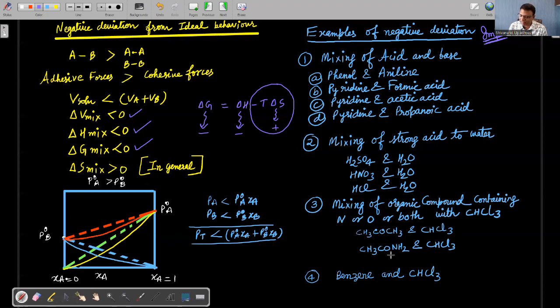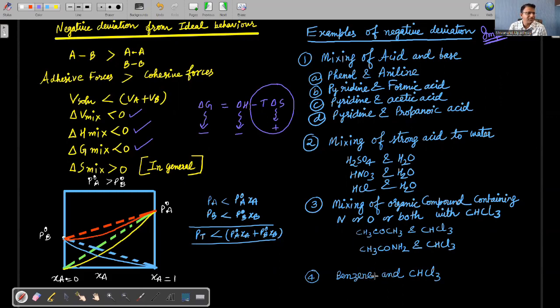Like this is amide, acetamide and chloroform. So any organic compound containing nitrogen or oxygen, when it is mixed with chloroform, due to hydrogen bonding, there is negative deviation. And this is a typical example where there is a hydrogen bonding between the hydrogen of chloroform and the pi electron cloud of benzene. So due to hydrogen bonding, it will give negative deviation.